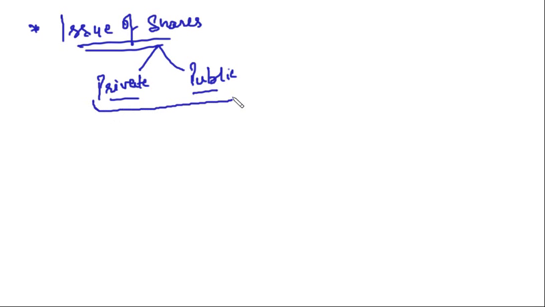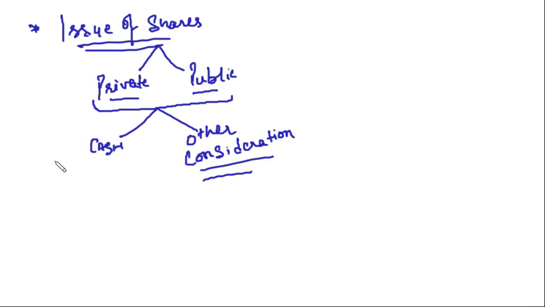Then this can be in cash or other consideration. Now, in return for issue of shares, either you will get cash or some other consideration, like some assets or something, that we will discuss in detail. Clear?